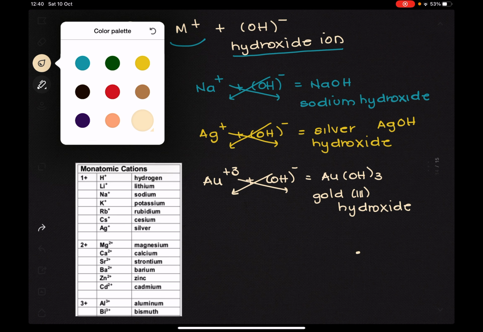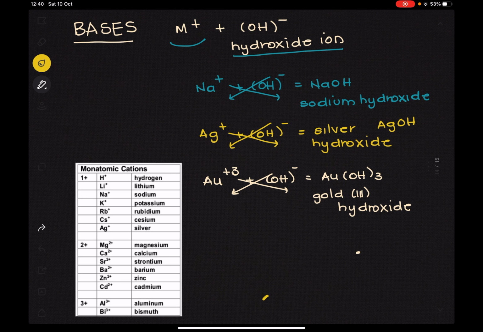What about iron? Iron also works with a variable charge. So I have iron 2. Iron works with 2 and 3, plus the OH part. So I'm going to have Fe(OH)2. So the name for this would be iron 2 hydroxide.